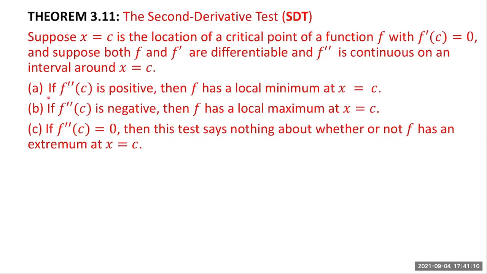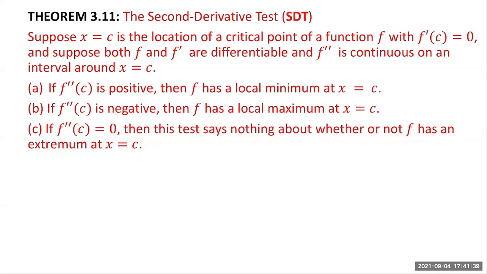If f double prime of c is positive, then f has a local minimum at x is equal to c. If f double prime of c is negative, then f has a local maximum at x is equal to c. And if f double prime of c is 0, then the test says nothing about whether or not f has an extremum at x is equal to c.